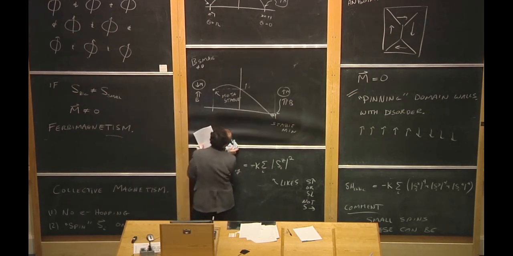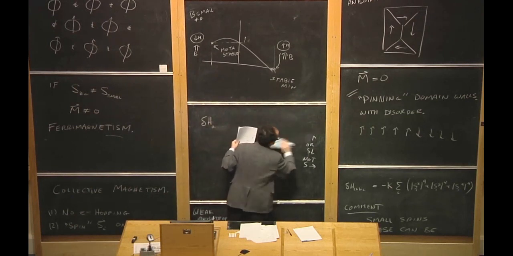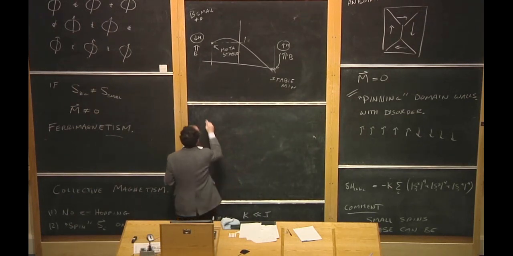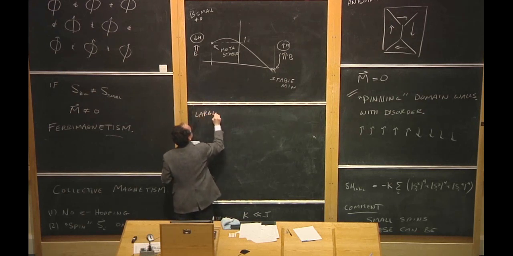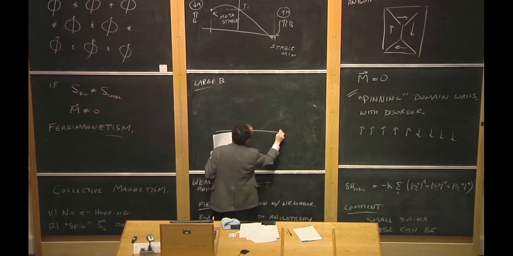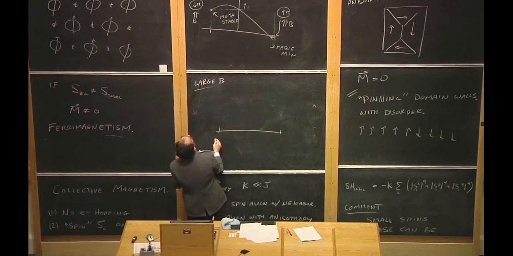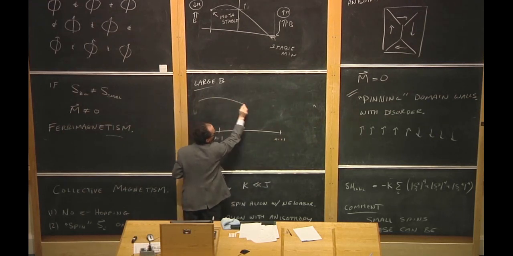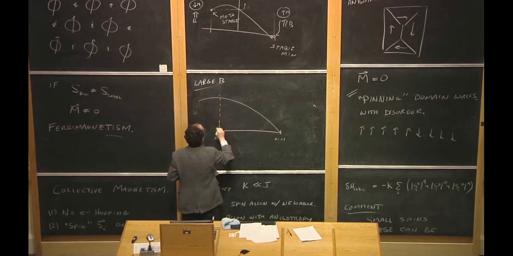Now let's turn up the magnetic field a little bit more. So now we have large magnetic field, large B. Again, we have a parabola, but the maximum of the parabola has been shifted all the way off to the left. This is x equals minus 1. This is x equals plus 1. And the maximum of the parabola is way over here, off the plot.